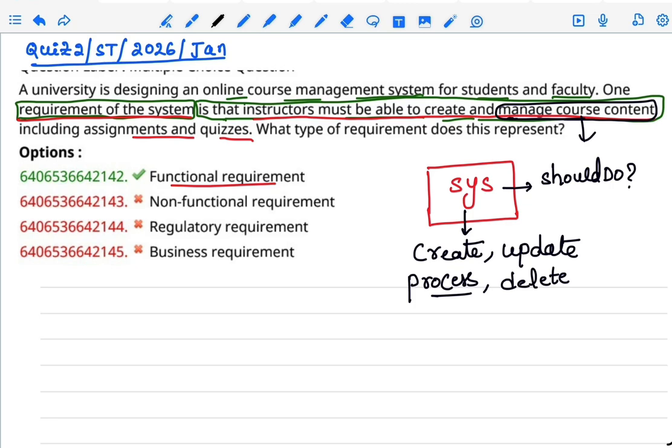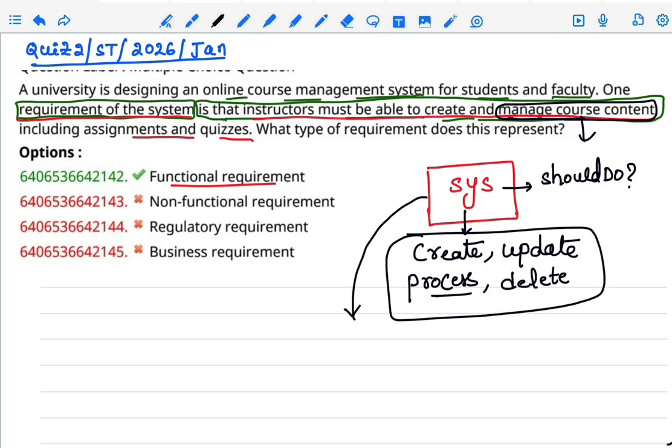That is, the system can perform such specific functions, right? Specific functions for the instructors and for students. So it performs functions or operations.